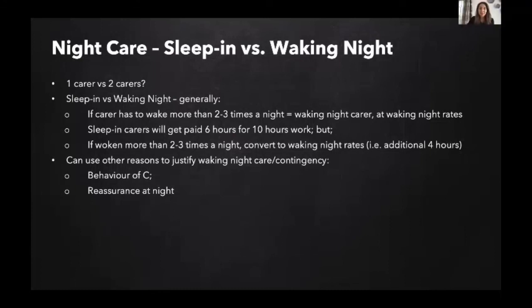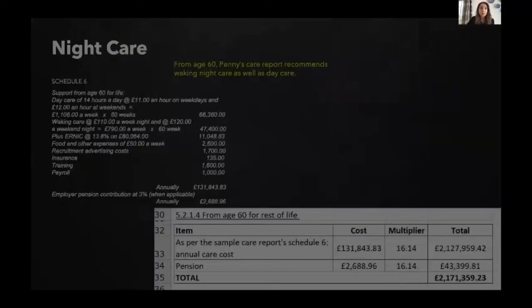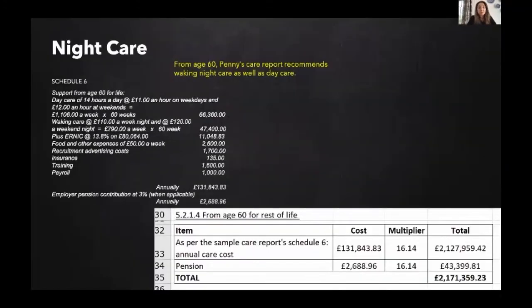Brilliant, thanks, Ben. Well, that leads us into our last calculation for Penny's care costs, which run from the age of 60 until her expected date of death. So again, Anna, this is relatively straightforward, but if you just want to explain what we're looking at on our screen.